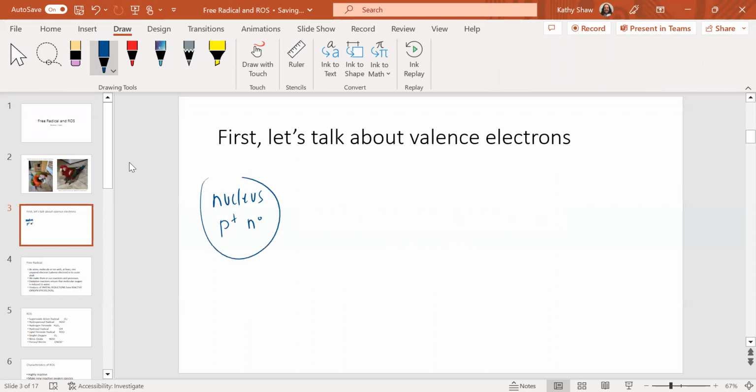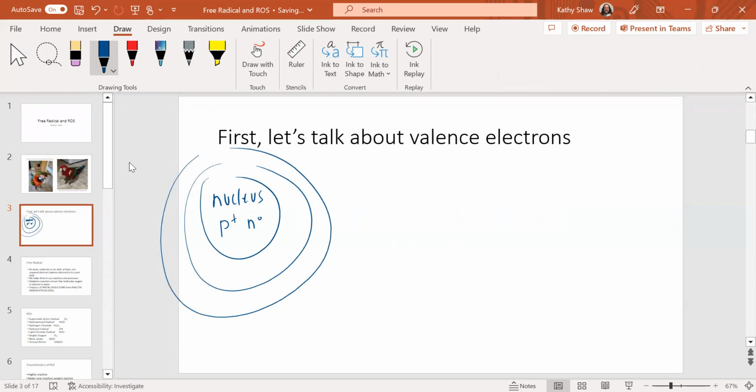Then you started drawing these orbitals, it felt like, around it. And you had a certain number of electrons that could go in each orbital. So you did that, but you were really looking and focusing on this outer orbital and what was going on there.